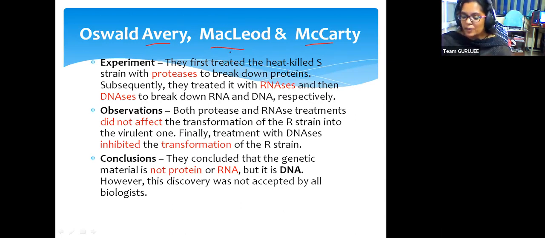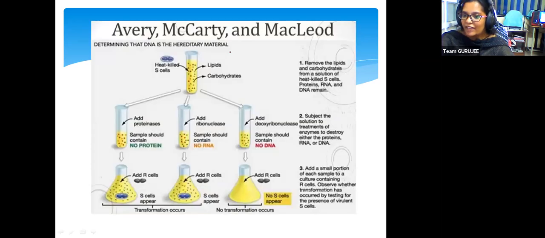So they did an experiment called the Avery-Macleod experiment. We'll see it in this diagram. In the first test tube, they took a test tube and added some media for the growth of smooth cells.